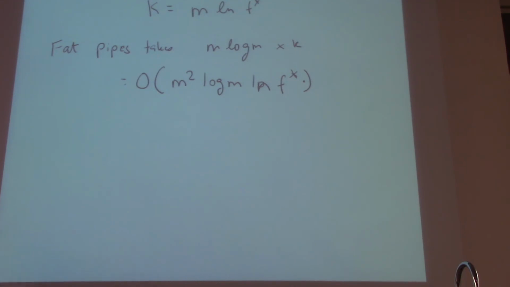The other algorithm is a different one, which is called shortest pipes. And as you can imagine, it modifies Ford-Fulkerson in the obvious way.